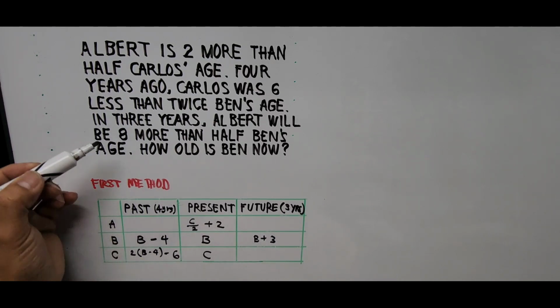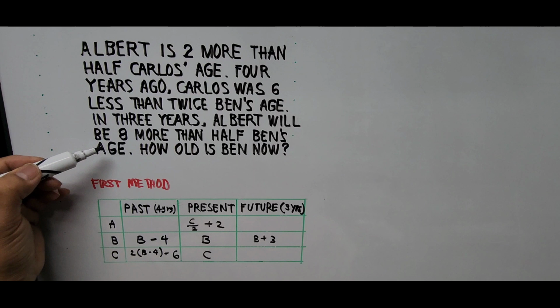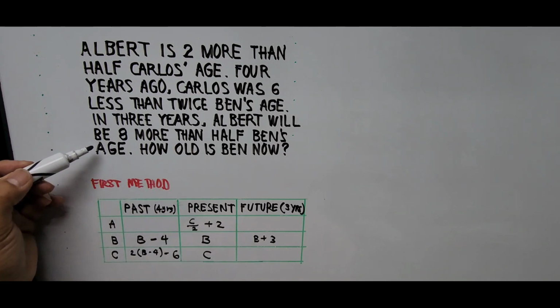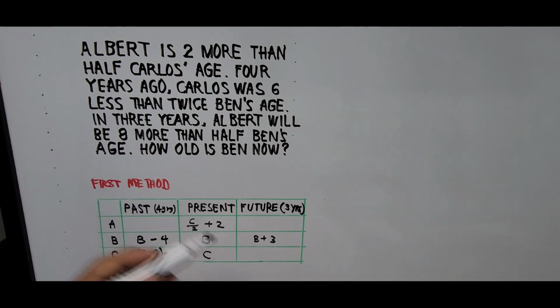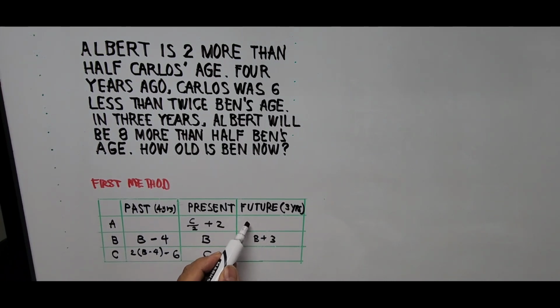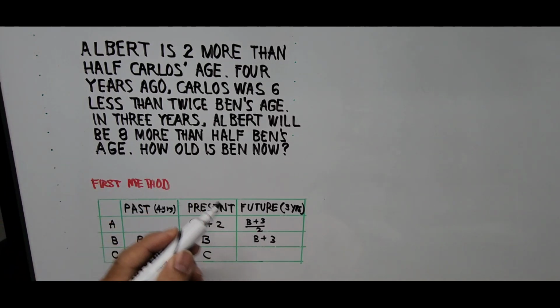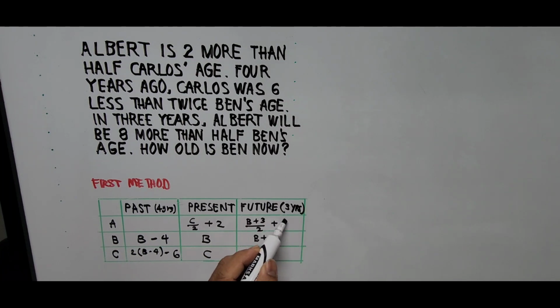So half of Ben's age in the future is B plus 3 divided by 2, and 8 more, so plus 8.